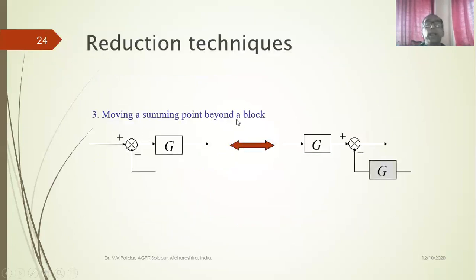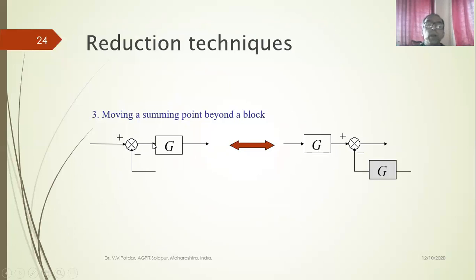Moving a summing point beyond a block. All these rules, friends, we have to remember. Now this is the summing point. I have a block inside this loop, on the forward path. Now I want to move this summing point beyond a block, or take this block outside of this summing point. This is what is meant by moving a summing point beyond a block. Here the equivalent block diagram is given.